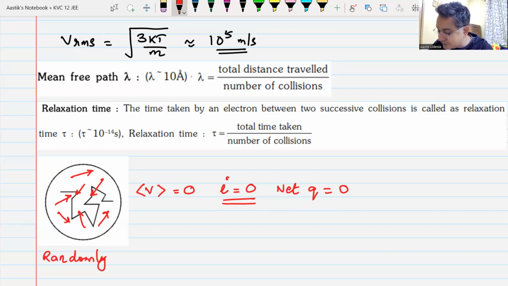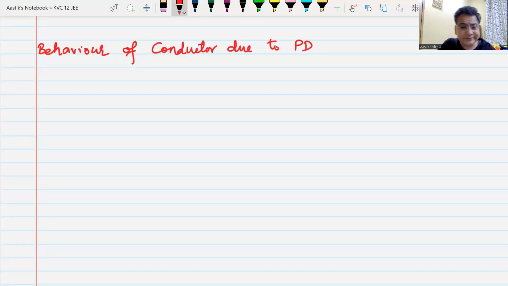So the next heading is behavior of conductor due to PD. What is this PD? Potential difference, sir. Potential difference.